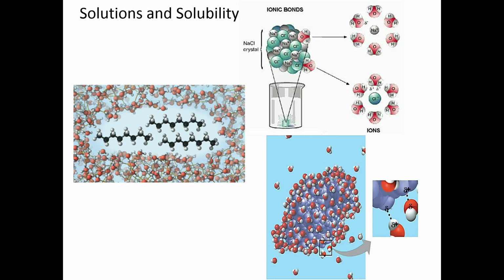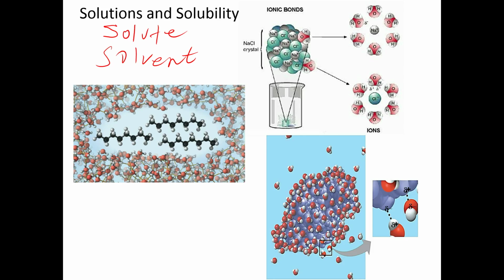A chemical solution is always going to have something called a solute and a solvent. A solute is the substance that you're trying to dissolve, and a solvent is the substance that you're trying to dissolve your solute in.